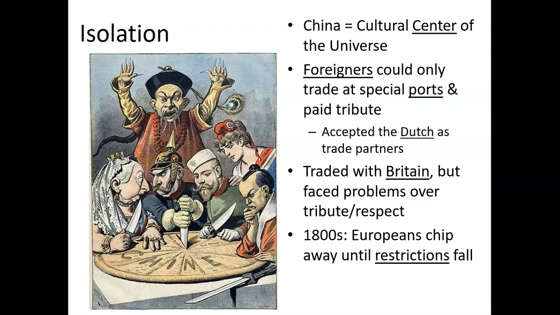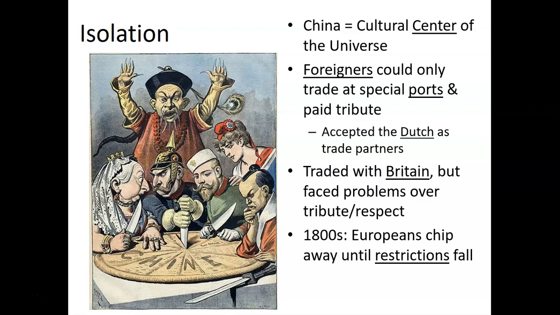And this leads to the Europeans slowly, and I mean all groups of Europeans. And as you can see here in this famous political cartoon around the Boxer Rebellion, you have the British, you have the Germans, you have the Russians, you have the French, and even the Japanese by that period are going to get into the fold and start to chip away at the restrictions that are put on them by China and establish really de facto control of not only the Chinese government, but their trading network through what's going to be known as spheres of influence.